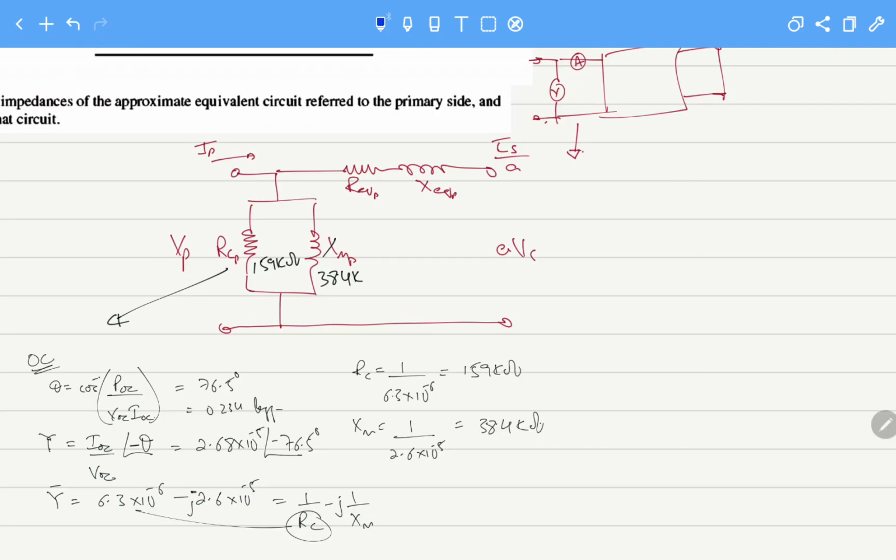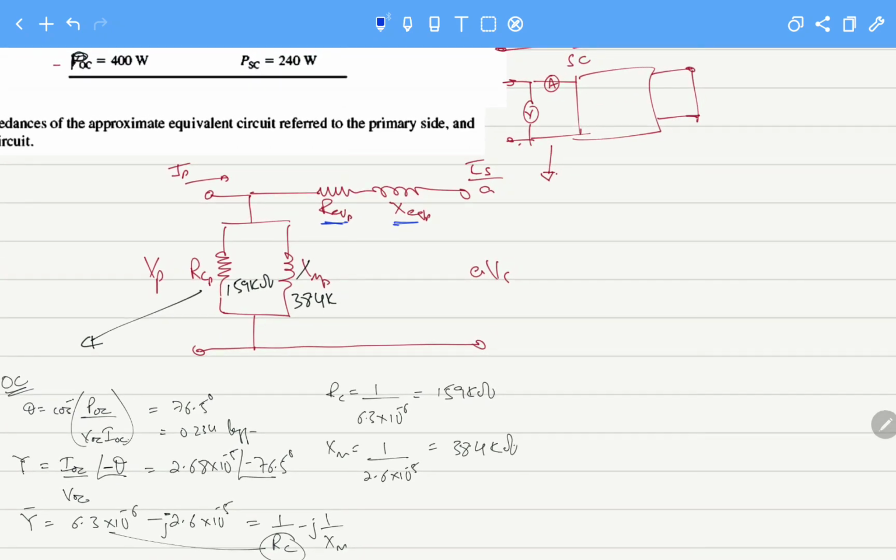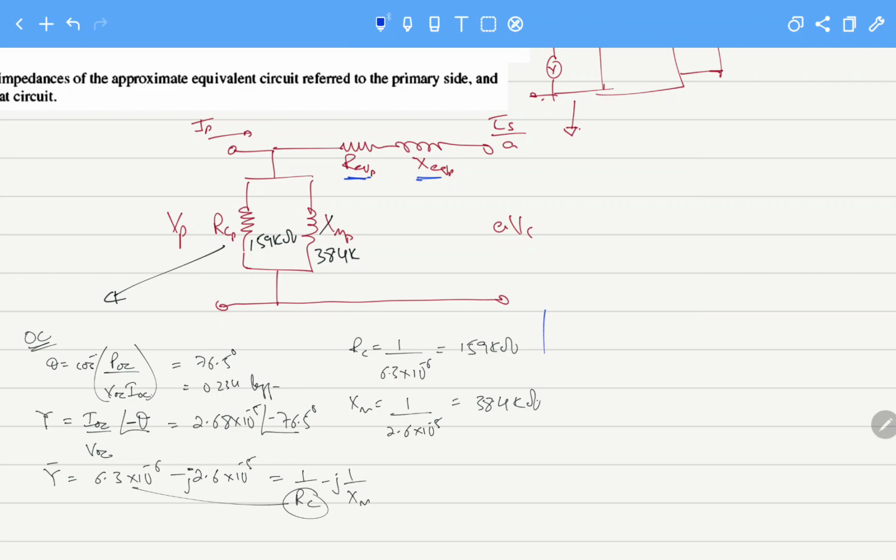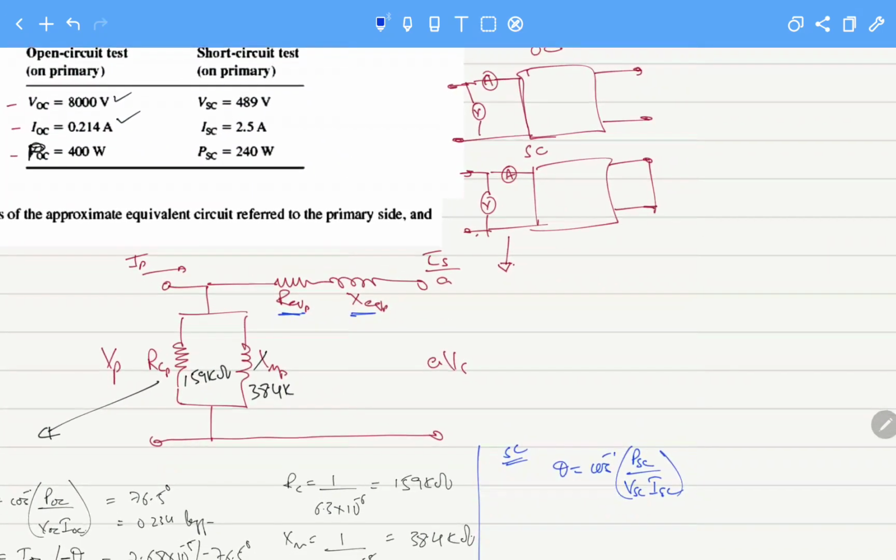The next part is related to calculating R equivalent and X equivalent, and these values can be calculated from the short circuit test. Again, we calculate theta. This is cos inverse of P short circuit over V short circuit into I short circuit, and we have the values.